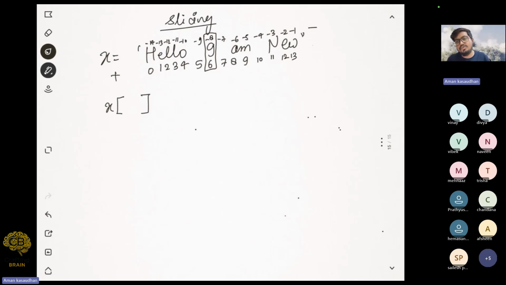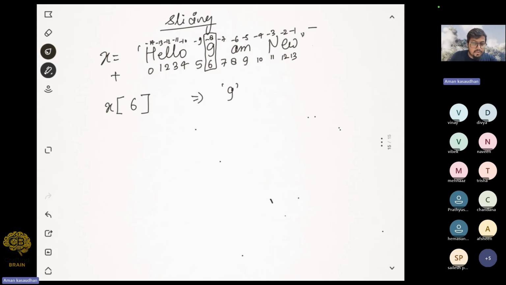Everywhere for slicing, we use square brackets. Then I need to give the index position of I. What is the index position of I right now? 6. So if I write X of 6, it will give me the I data.